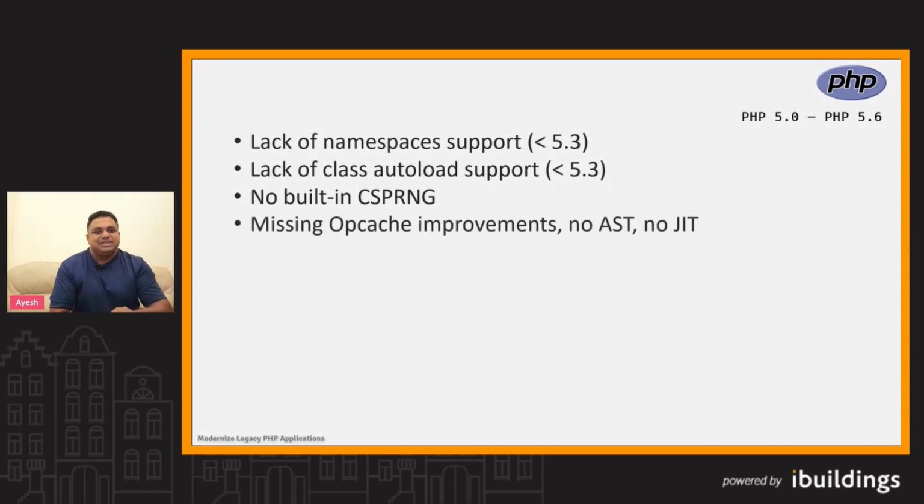And you're probably missing some of the improvements in newer PHP versions. For example, PHP 7 has AST, abstract syntax tree, so you can modify the PHP code. And also in PHP 8, we have a just-in-time compiler to make math-heavy computations much faster.